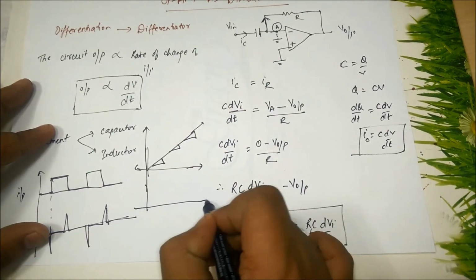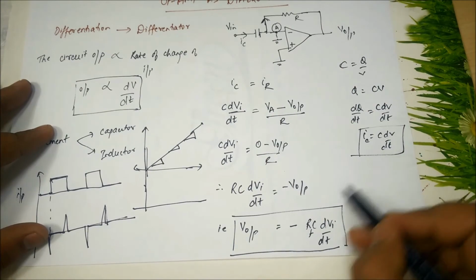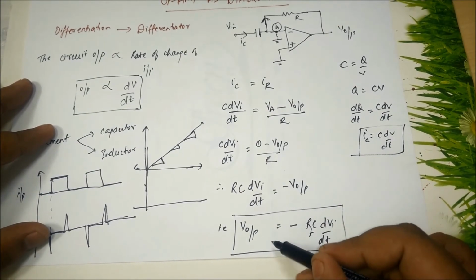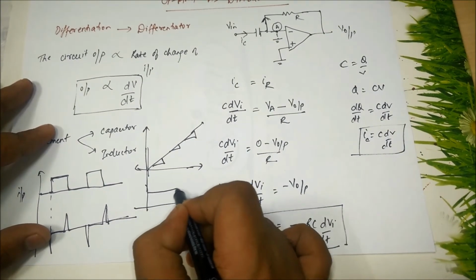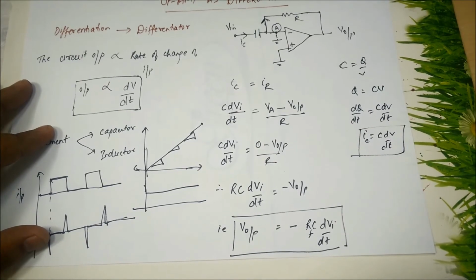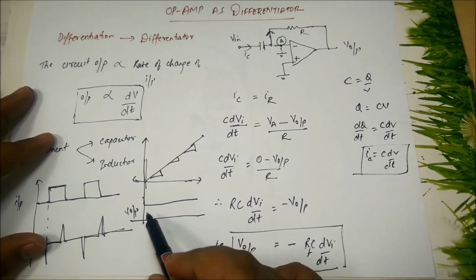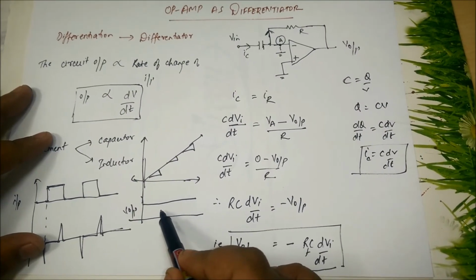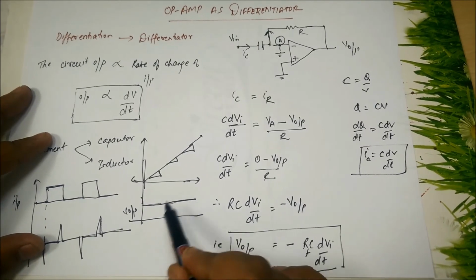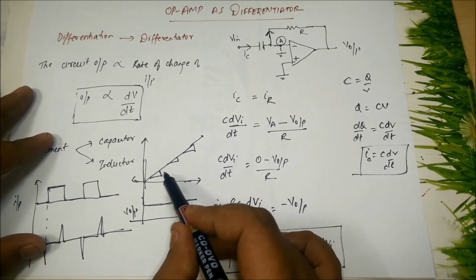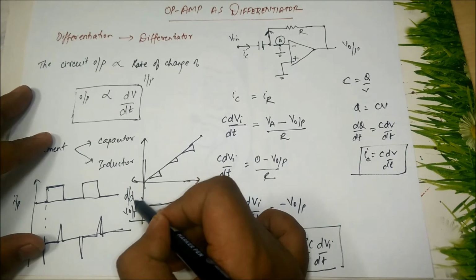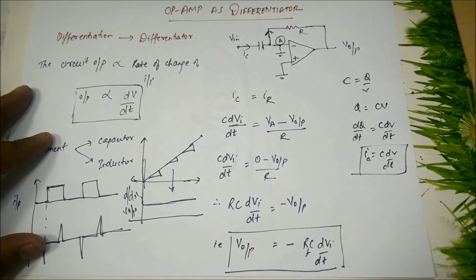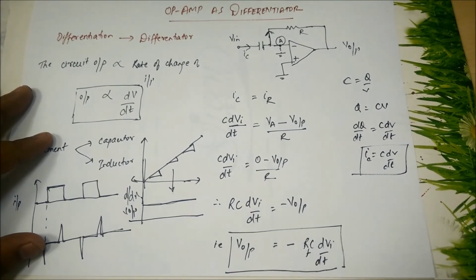So when the change is constant, what do you think the output will be? It's the same. In the integrator, integration of a constant will give me a ramp, but in the differentiator circuit, the differentiation of a ramp will give me a constant output.